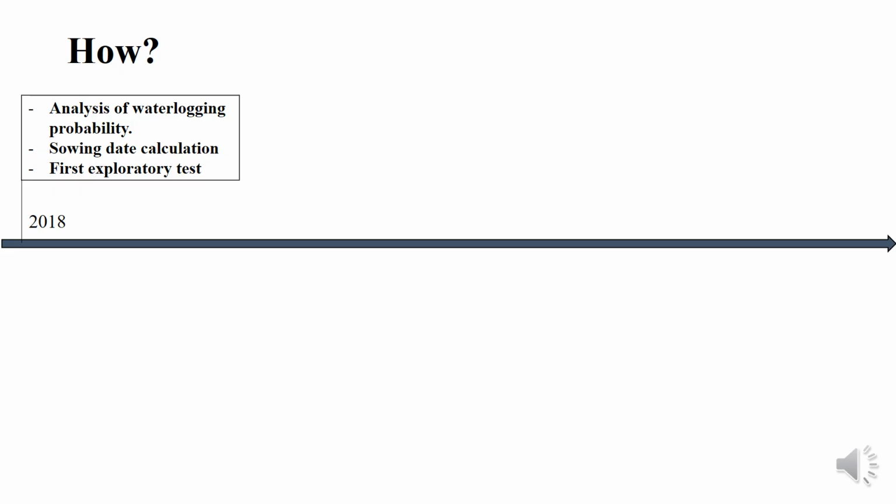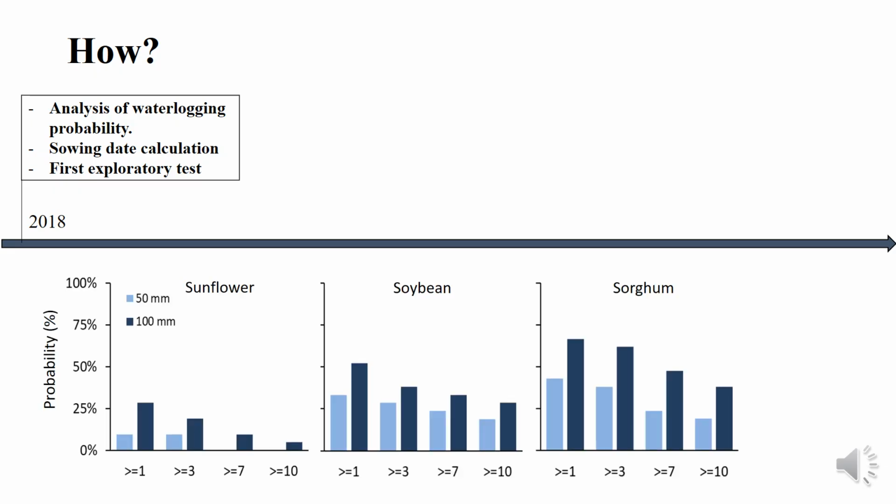But first, we calculate what's the chance of some waterlogging of any duration occurring in our region. As we can see in this bar chart, we have for sunflower, soybean, and sorghum different probability depending on the duration of the event. For example, the first thing that we can see is above 10 days, waterlogging probability is very low.